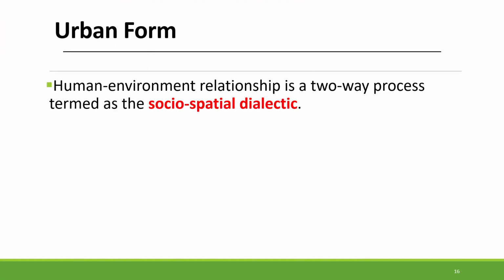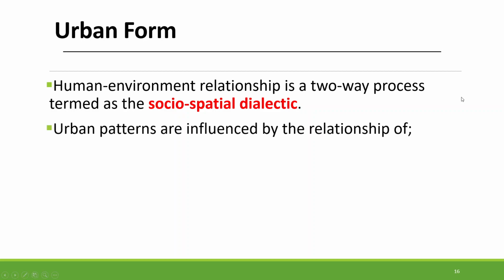So what is urban form? It basically tells you about how a city is formed through socio-spatial interaction with each other. So how does human interaction with the built environment shape a city or the urban form of the city? So firstly, the land ownership patterns.